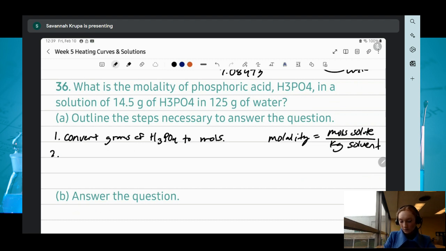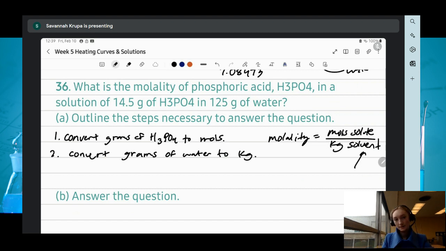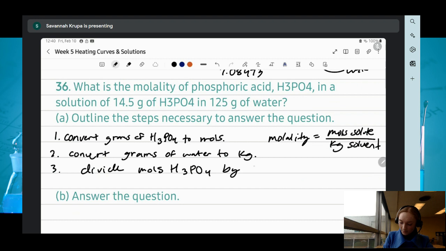And number 2, we need to convert the grams of water to kilograms, because specifically molality is in kilograms of solvent. And then number 3, divide moles H3PO4 by kilograms of water. And so that's using that equation right there in number 3.